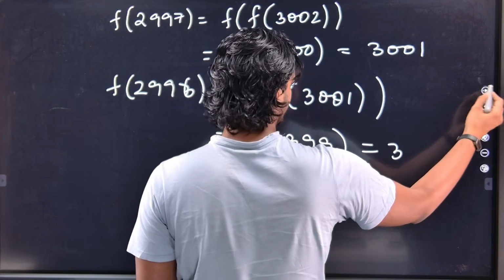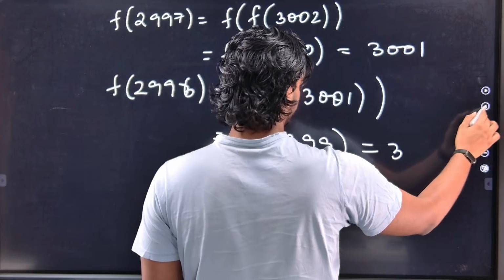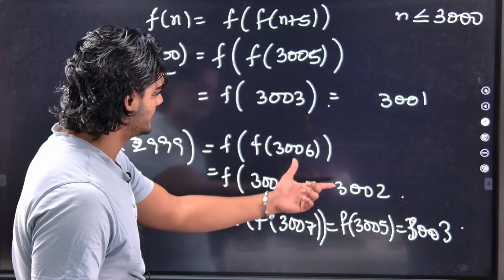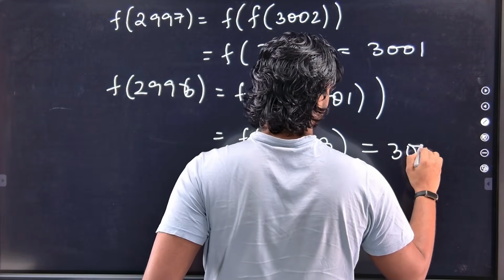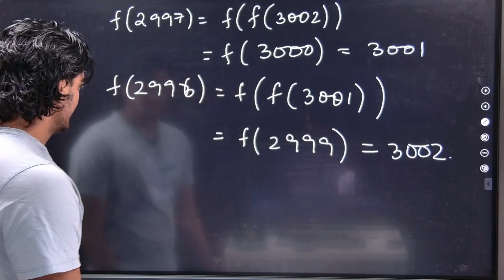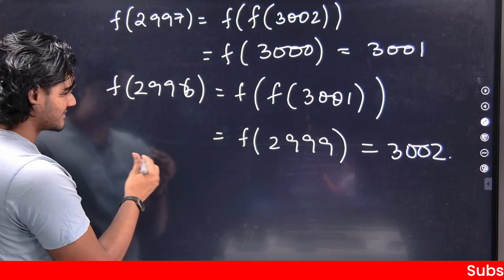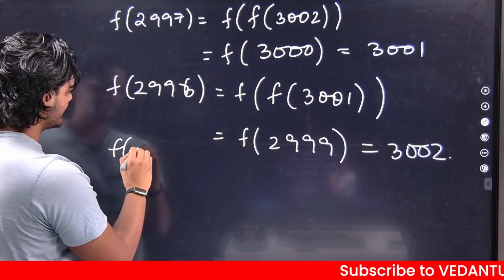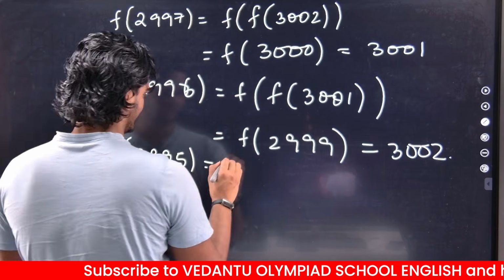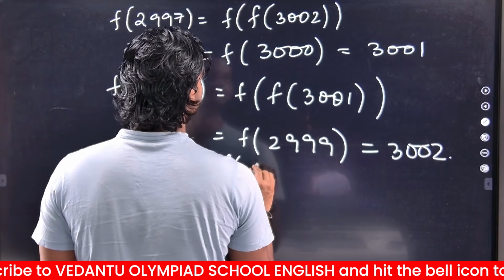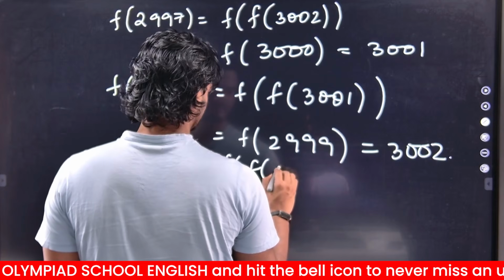And 2999, what was the value for it? It was 3002. You see, it just keeps on repeating. It will again repeat. So 2995 would be f of 3000.